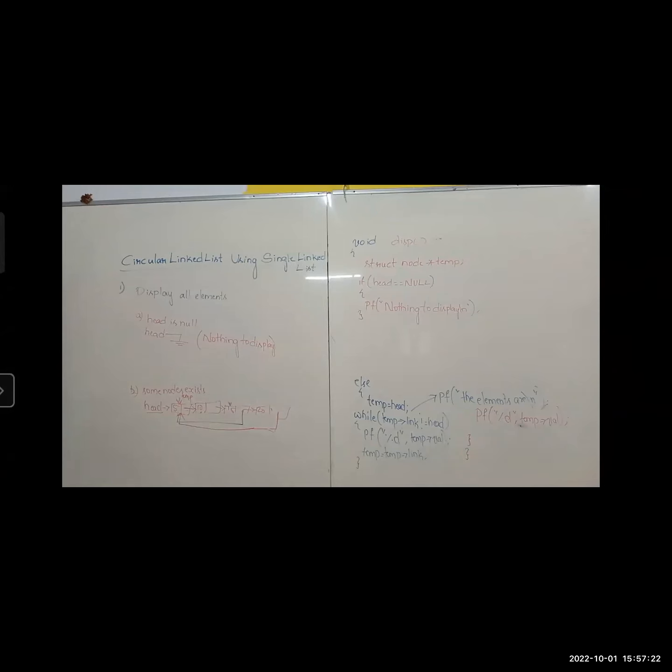Cut. The DL link should be pointing to P. Sorry? The DL link should be pointing to P. The R link should be pointing to P. Your link also should be pointing to P only.